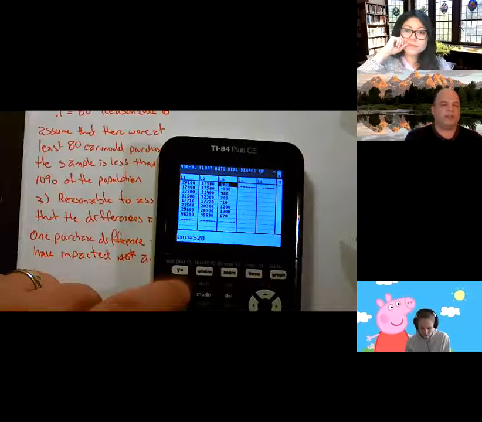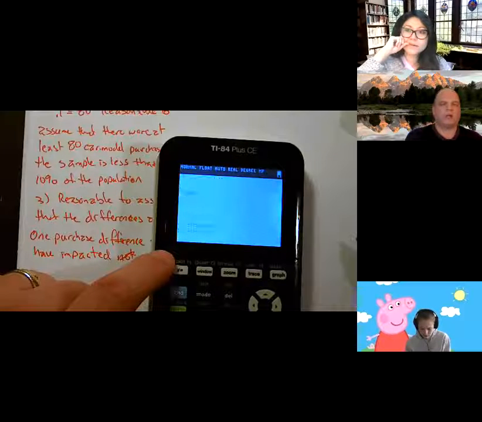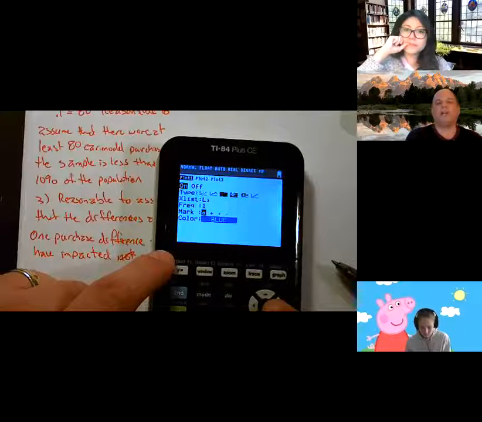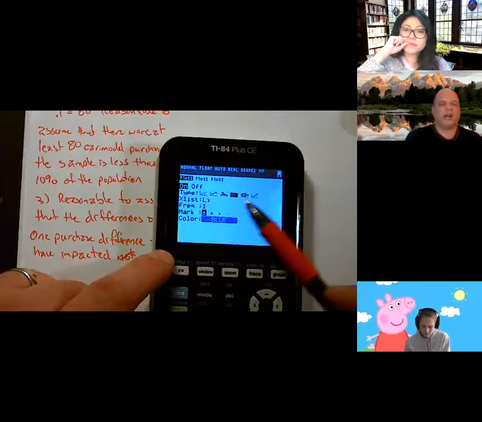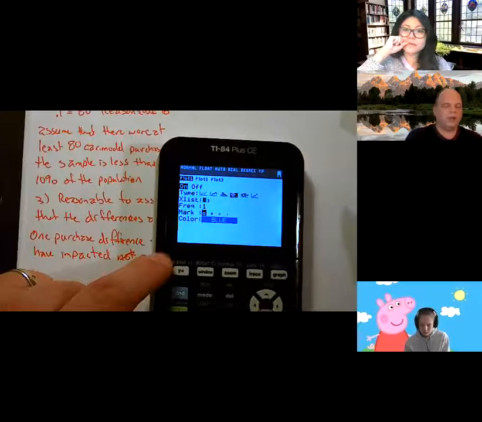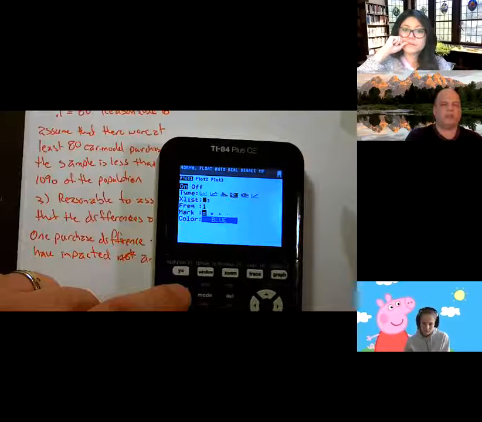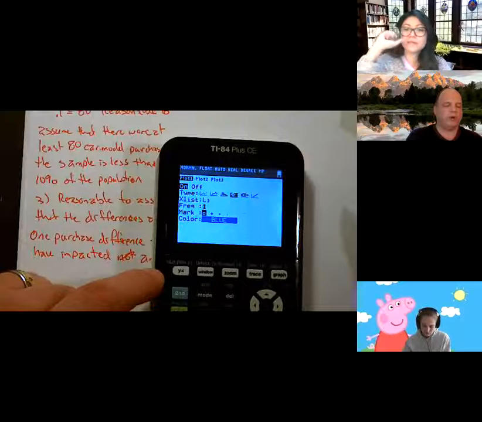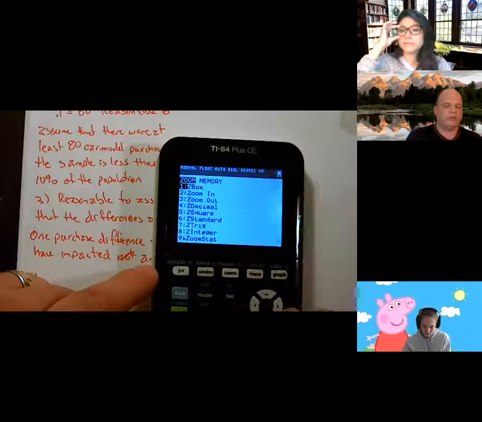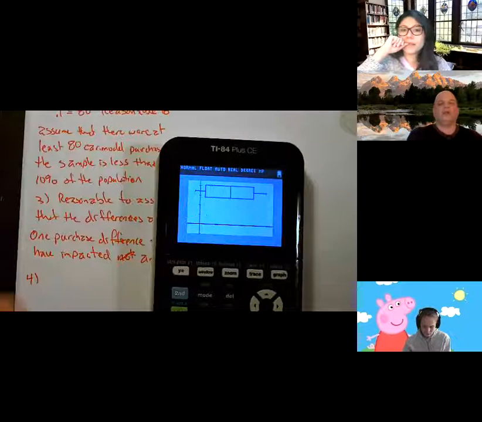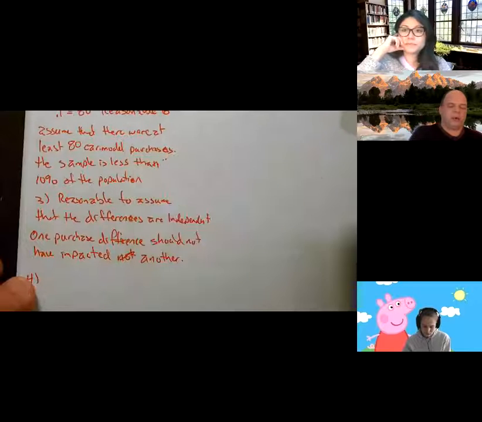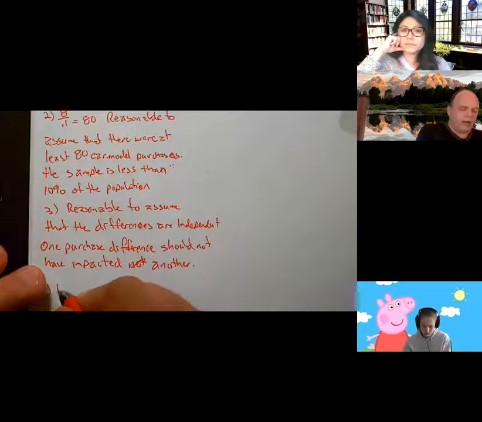Then I'm going to go second stat plot, press enter, arrow to the left, make sure it's turned on, drop down and select, make sure you're selecting the box plot that has the outliers. My list is L3, so second 3. Press enter, my frequency should be 1, press zoom 9. So I got this box plot, and I just always take a moment, I just sketch it sort of the way I interpret it looking.